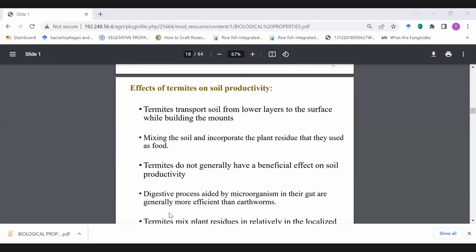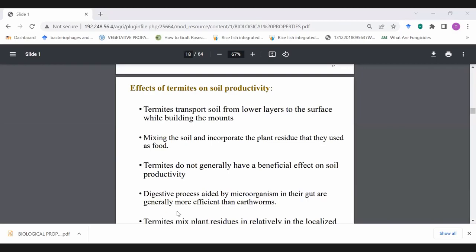Now, let's talk about the effects of termites on soil productivity. While they are building the mounds, they transport the soil from lower layers to the surface, and they use plant residues as food.